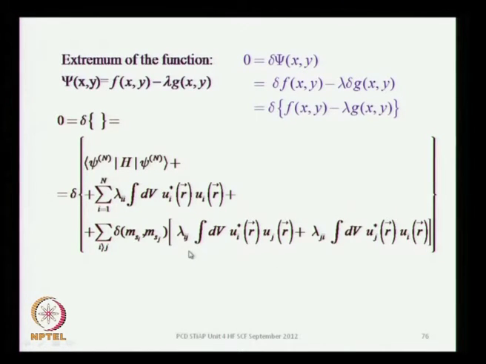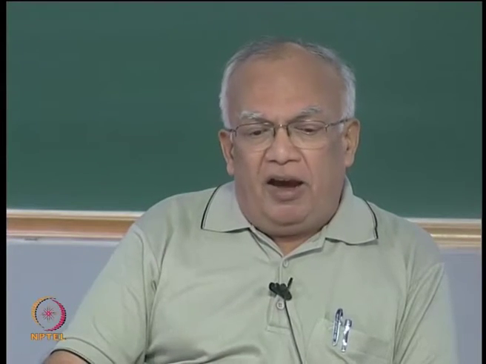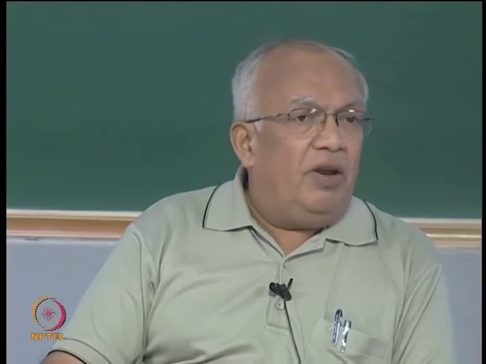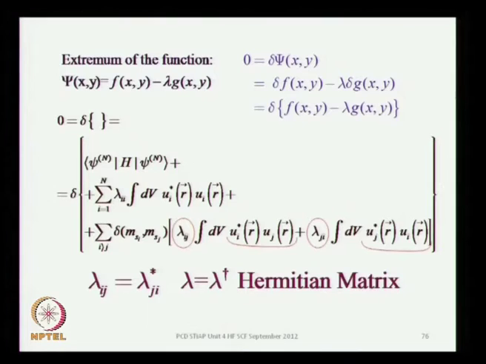So, now you have plenty of these undetermined multipliers. Okay. You have got lambda ij, lambda ji, I and j going from 1 through n, but then there will be some simplification that will emerge, because if you look at the symmetry of these two equations, this is complex conjugate of this. So, there is a complex conjugation involved and there is a transposition of the indices which is involved. So, what do you get for the lambda matrix?